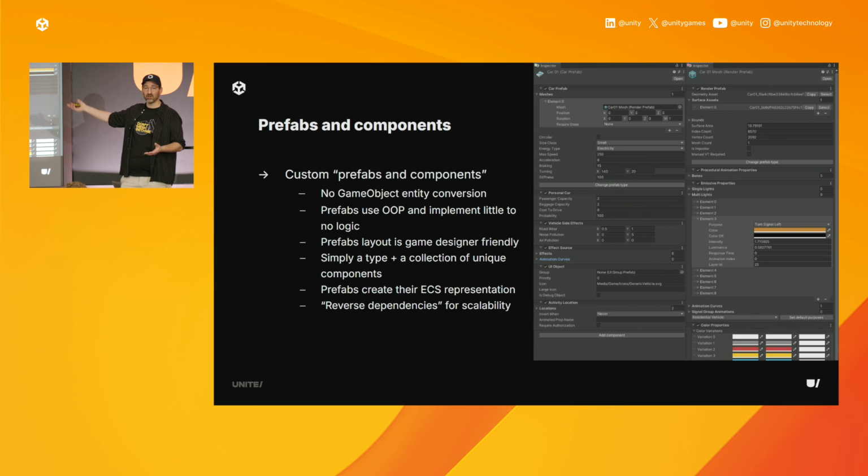It's not necessarily a mirror of what you see here. The personal car, for example, might create 3 different components, and the simulation will deal with them separately. That allows us to extract the data from the designer-friendly gameplay data and turn it into a better packed format that is more optimal for the cache and for ECS operations in general.